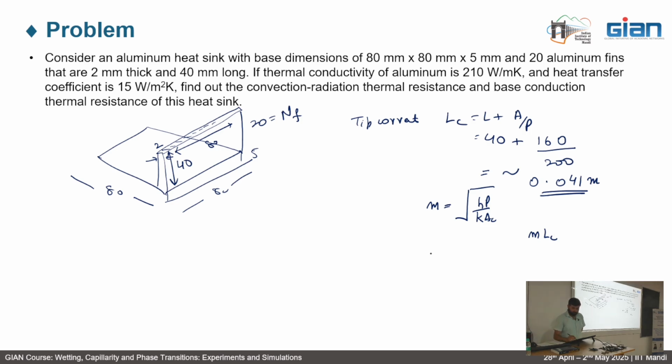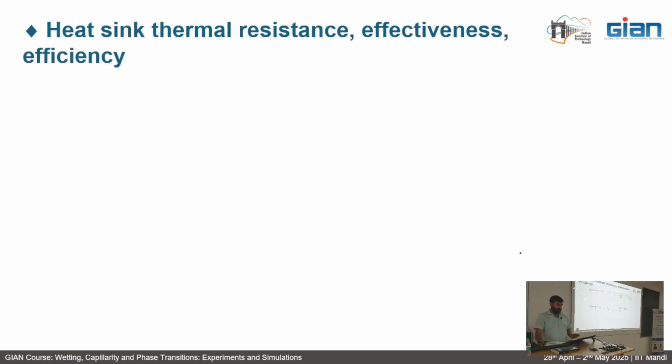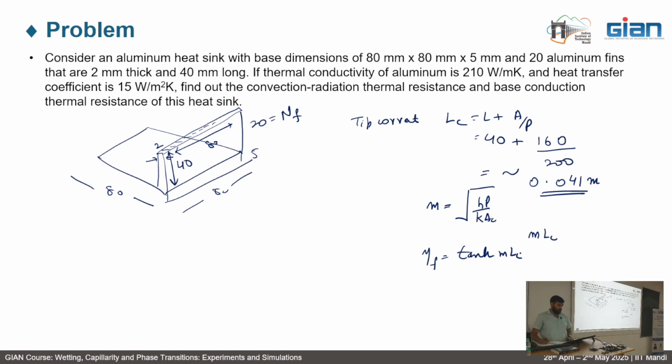So this relation is given as eta F is equal to tan hyperbolic of MLC. Okay? So once you find this efficiency, then you can use the relations here just simply to find out the thermal resistance and base conduction resistance.